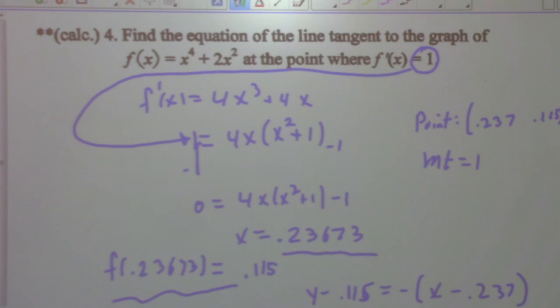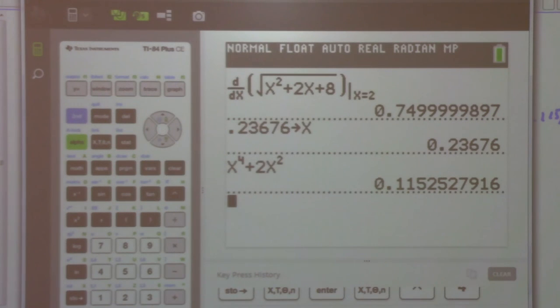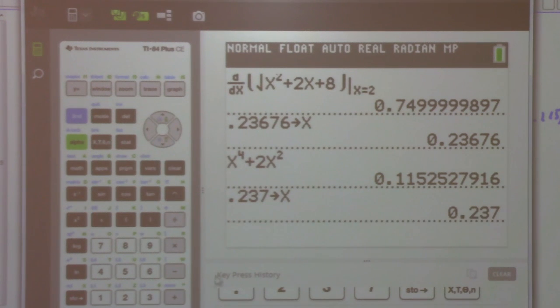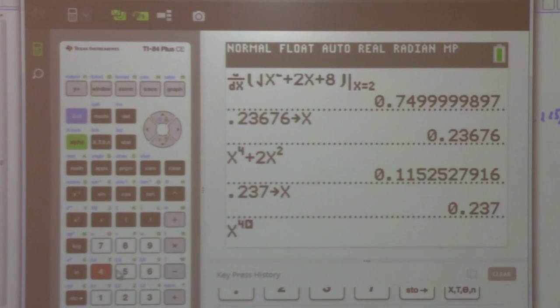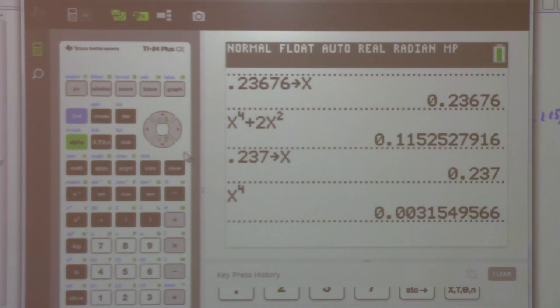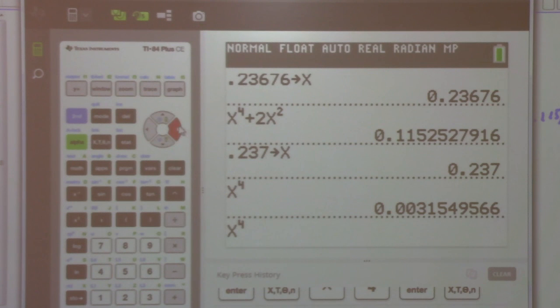It should, because if we take that, let's say we round it off, let's see what difference it makes, 0.237, right? If we take 0.237, store as x, and we take x to the 4th power, and then, oops, I meant to put x to the 4th power plus 2x squared.